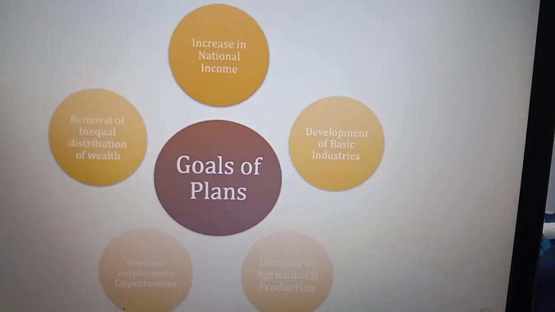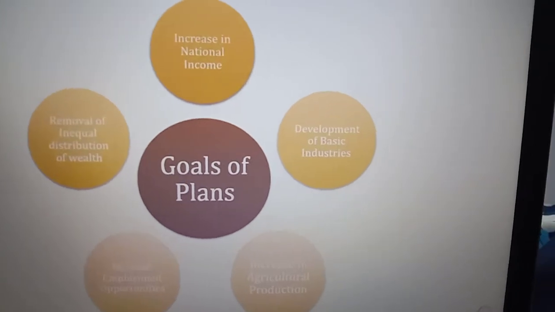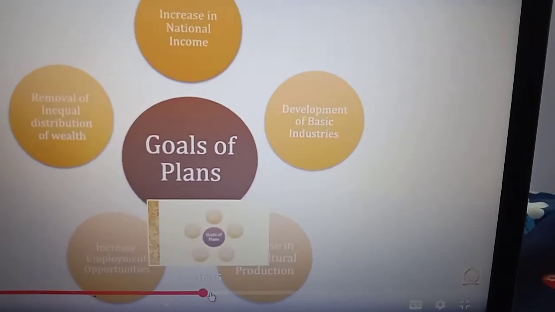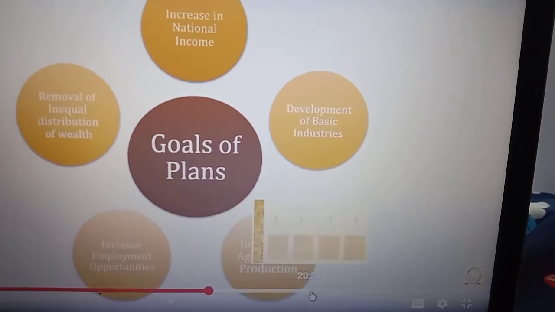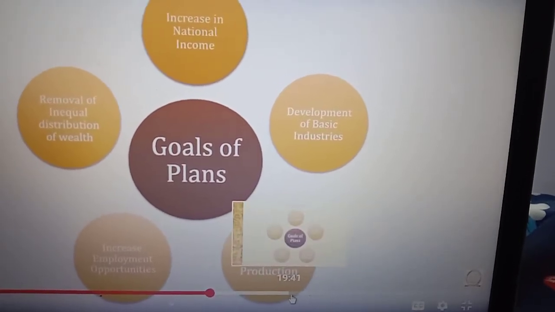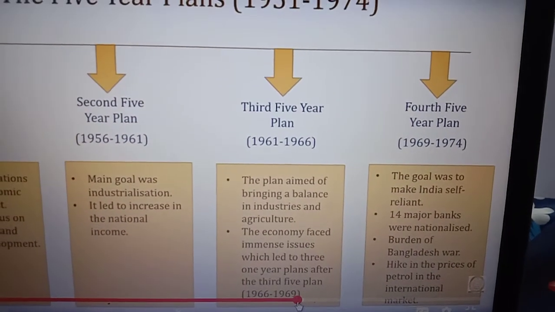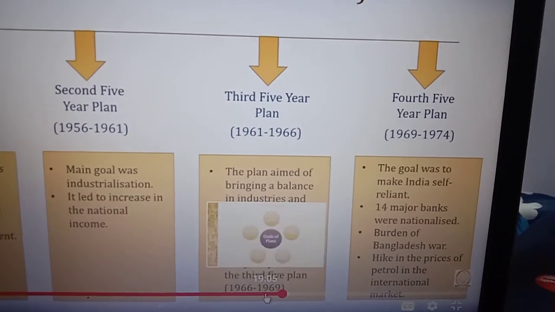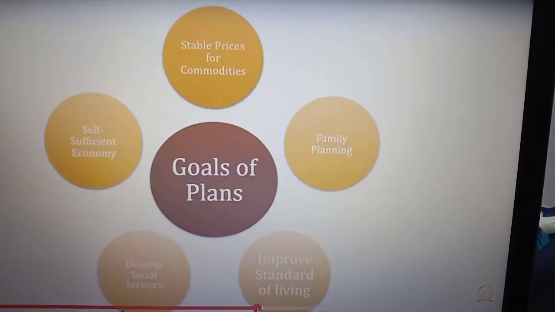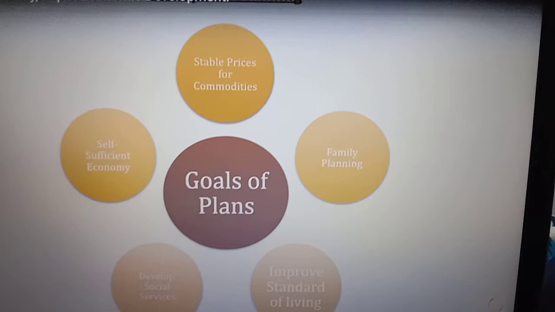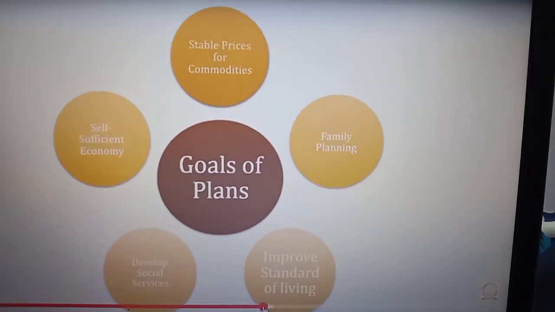Maintain stable prices of commodities. If production is increased, the price of commodities, the day to day things that are important for us, can be reduced, so that common people can also buy all these things. Bring the growth in population under control by family planning.